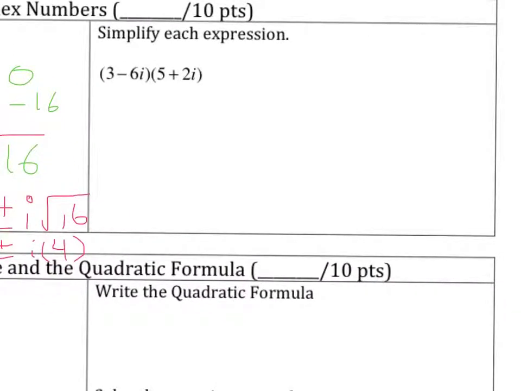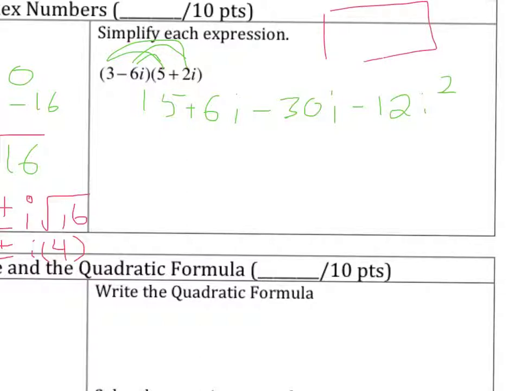Simplifying this expression, most of the time remember that we treat imaginary numbers a little bit like variables. So I can double distribute and I get 15. 3 times 2i is 6i. Negative 6i times 5 is minus 30i. Negative 6i times plus 2i is minus 12i squared. Here's one of the times that you cannot treat an i like a variable, because i squared equals negative 1.